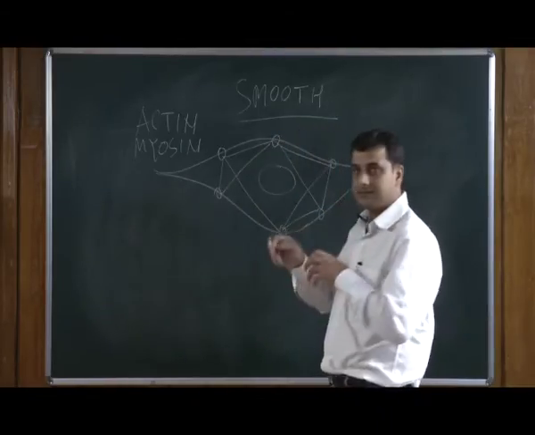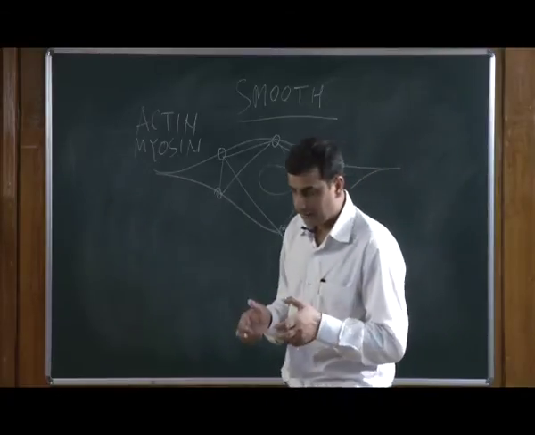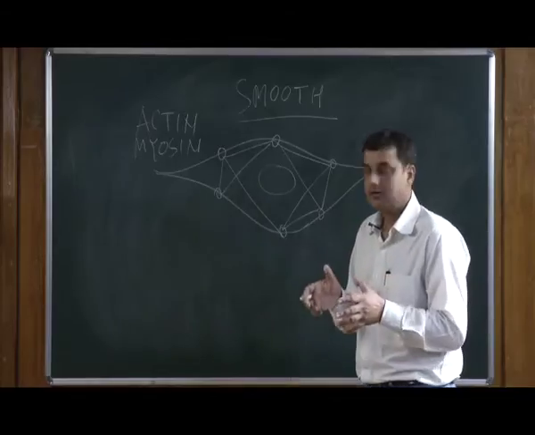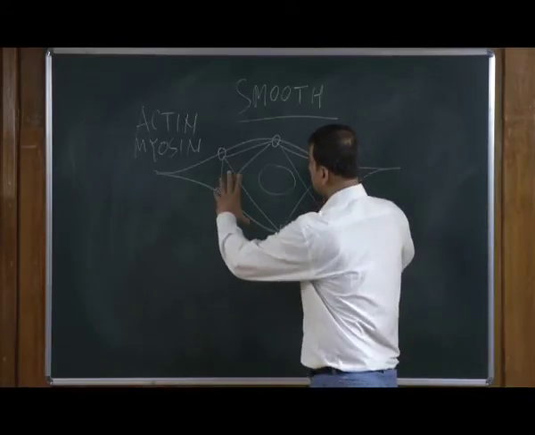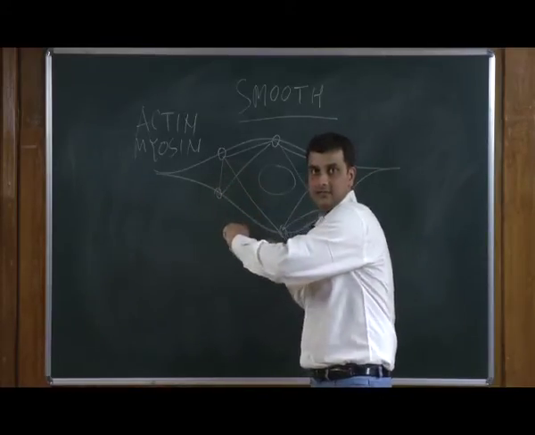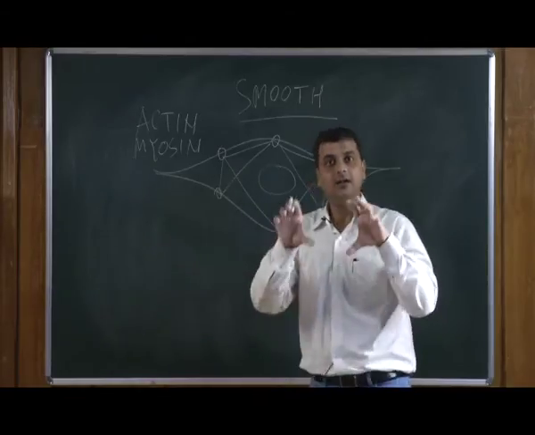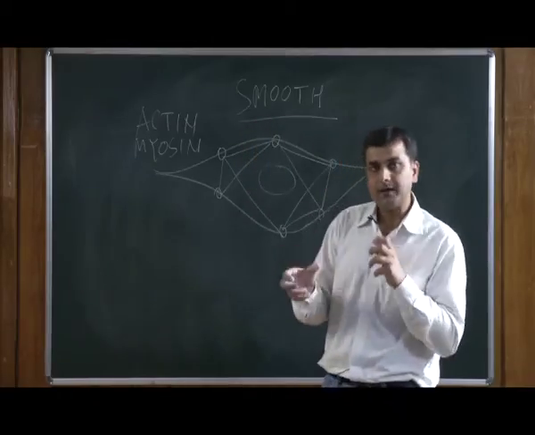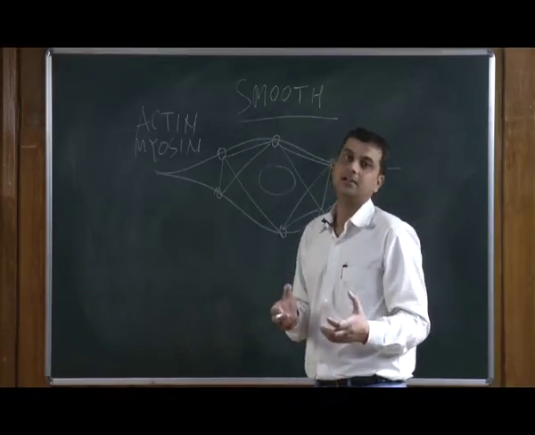So, this is a kind of network of filaments in the smooth muscle fiber. At the time of contraction, what is happening? This whole muscle is getting contracted. The actin and myosin filaments are basically contracting due to the impulses generated by the nervous system.